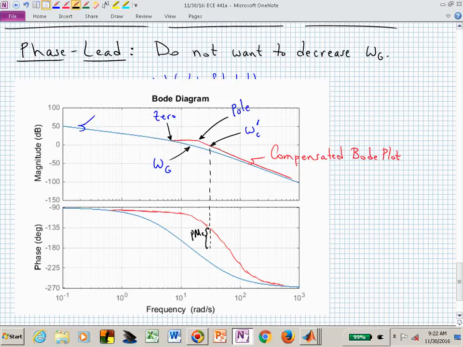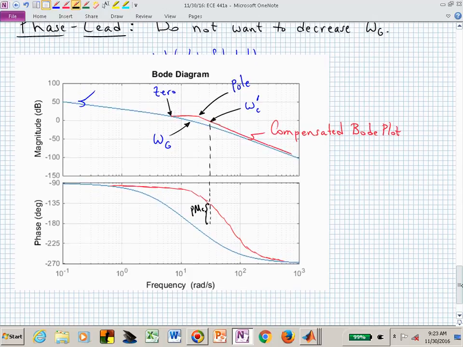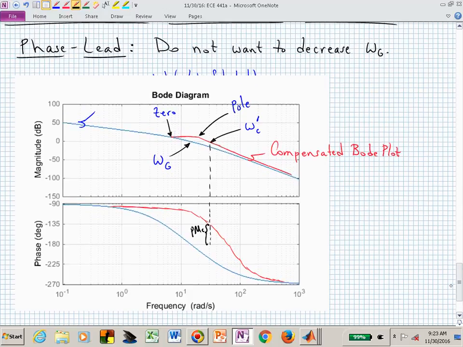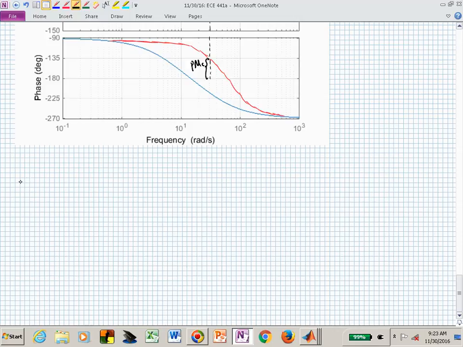What we want to do now is come up with the procedure to specify these particular zero and pole locations in our phase lead controller design. That's what we want to do now. So let's look at that process.